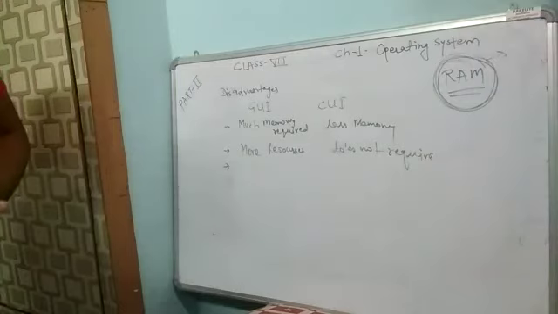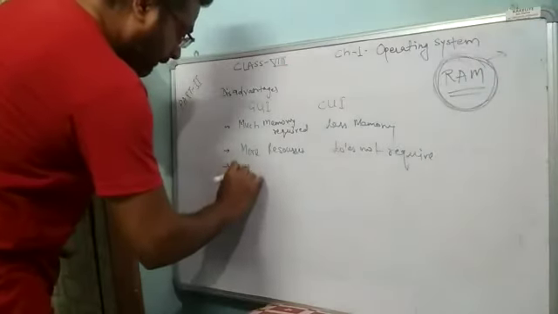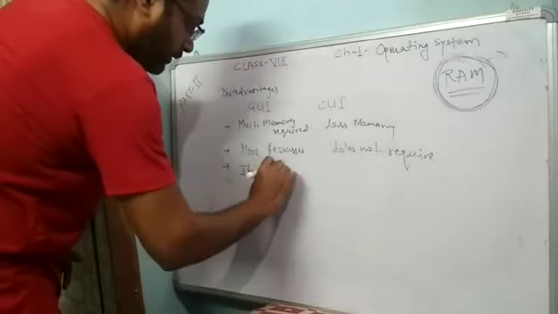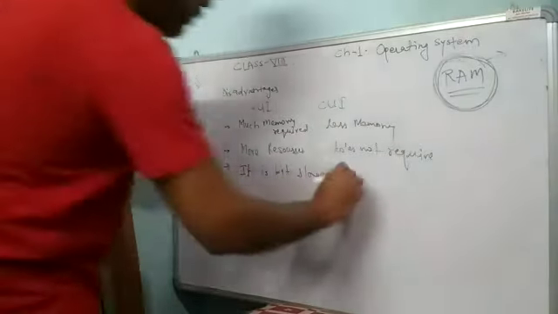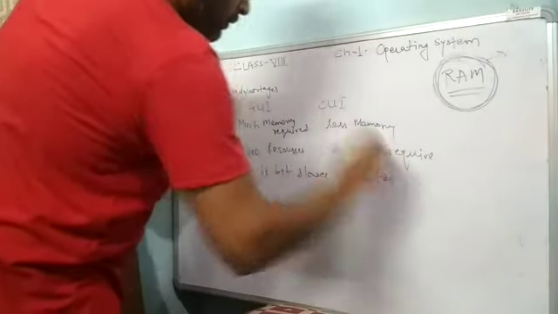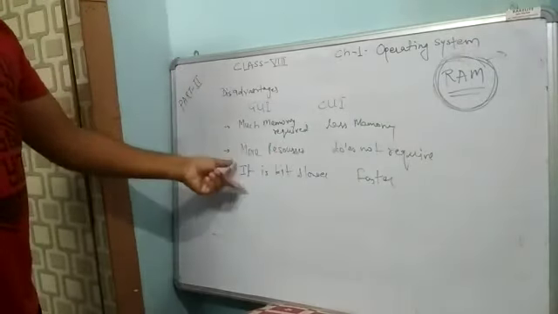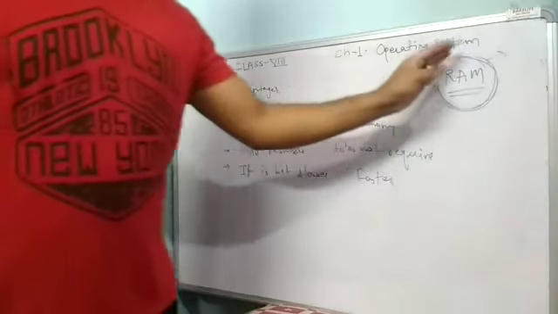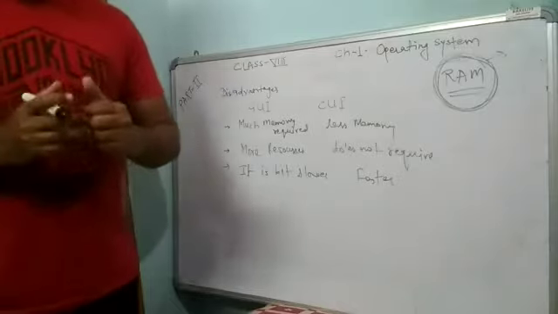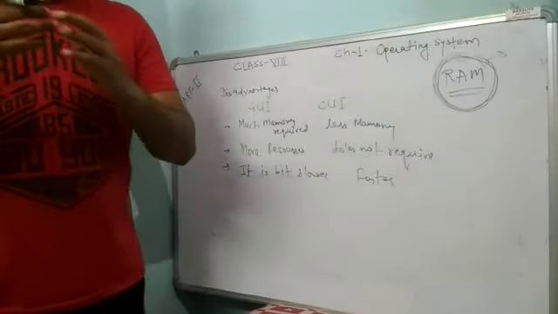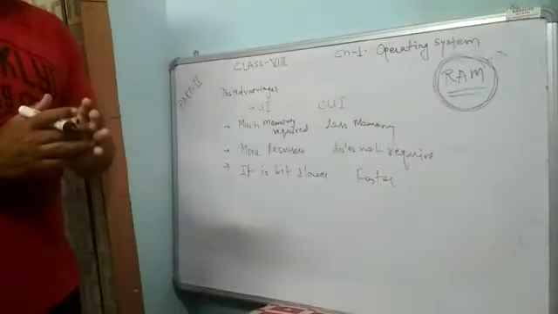Then it is a bit slower. I have already told you about faster in this concept. Why is it slower? Just because it is taking too much memory on the RAM, and you know this fact, the speed and performance of the computer is directly dependent upon the RAM.